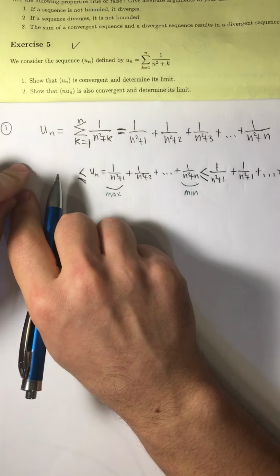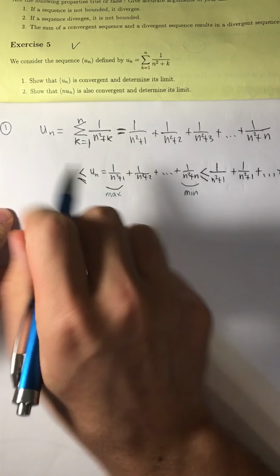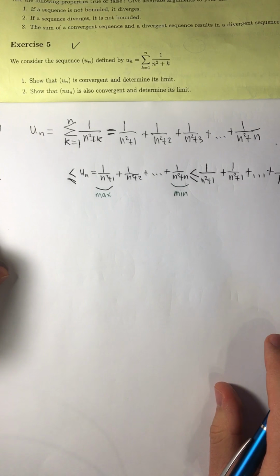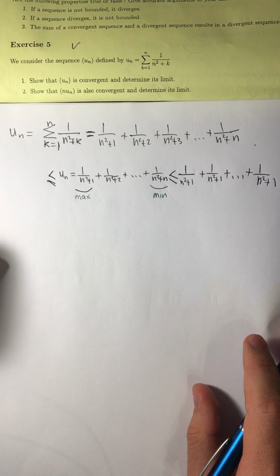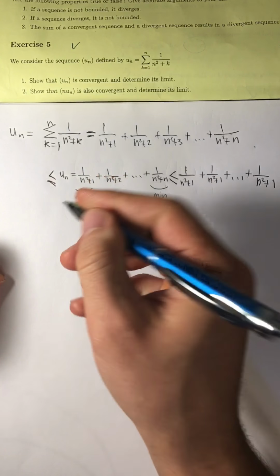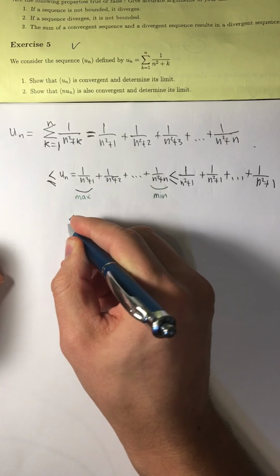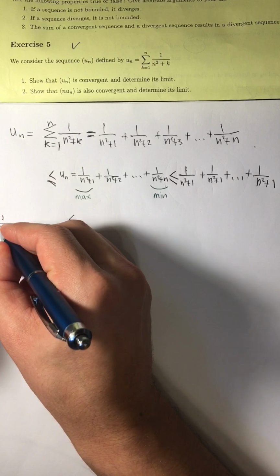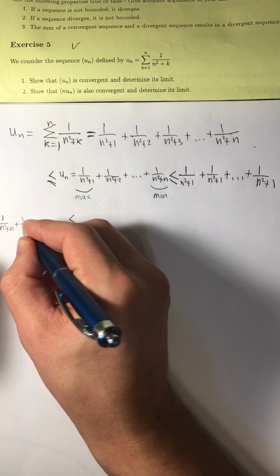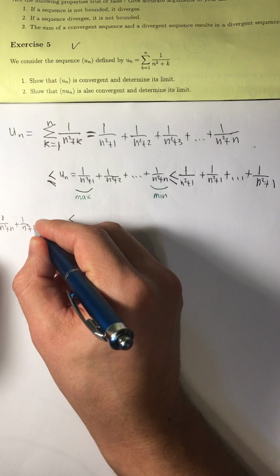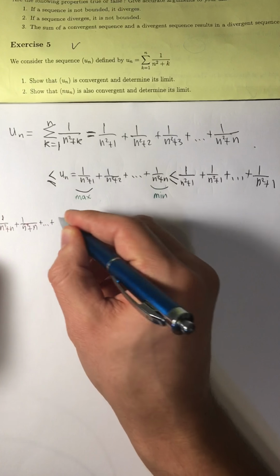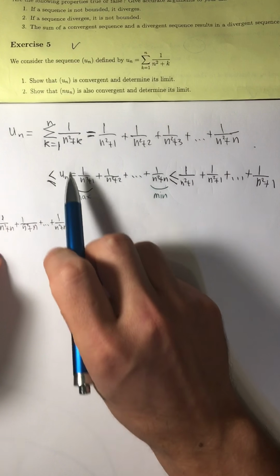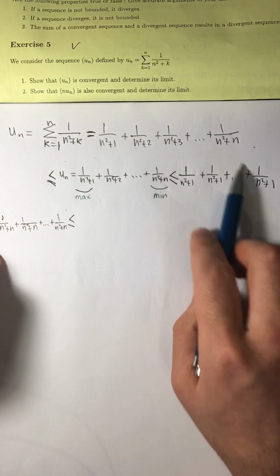And on this side, I'm gonna write the minimum one n times: 1 over n squared plus n, plus 1 over n squared plus n, and so on, plus 1 over n squared plus n. So u_n is more than this and less than this.